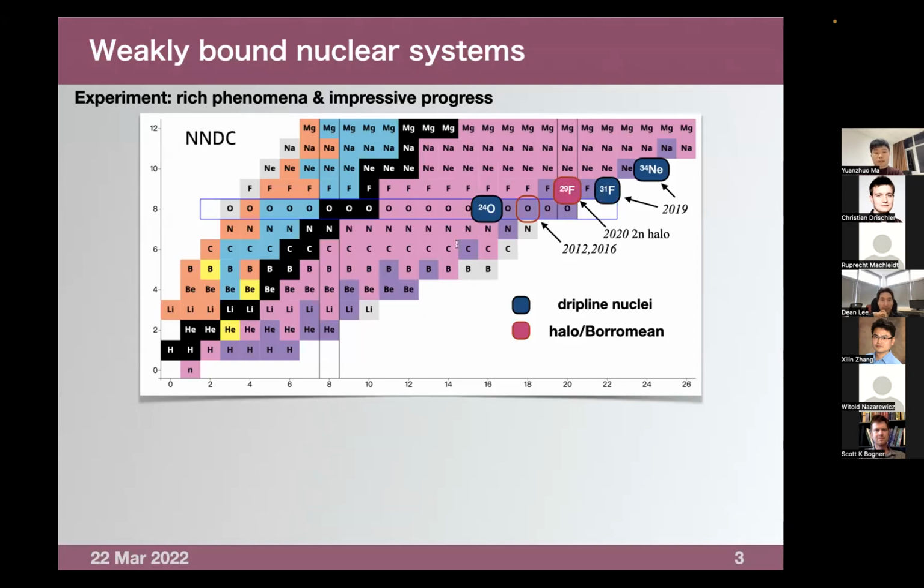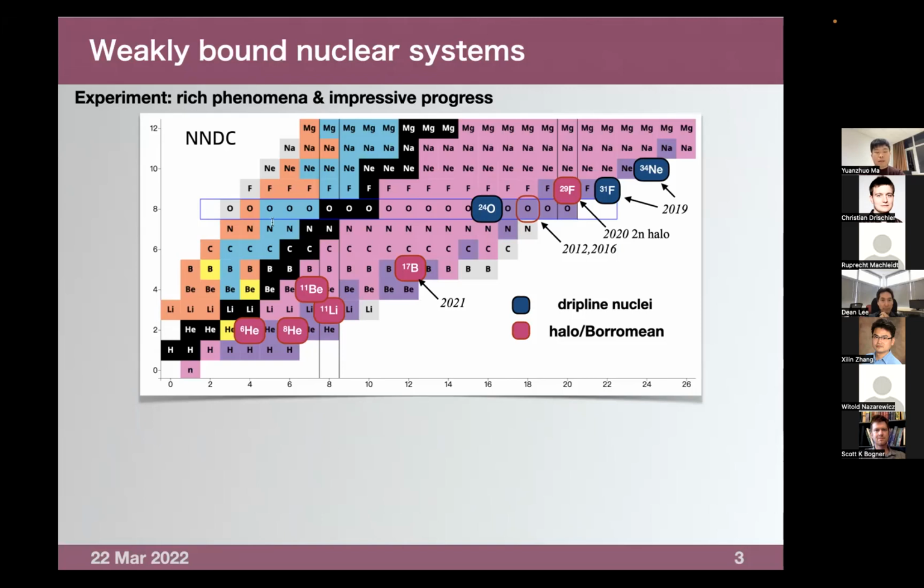Besides that, there are many other exotic phenomena like helium-6 and helium-8, and a new experiment just last year has measured the inner structure of boron-11. This is a Borromean nucleus and also a halo nucleus.